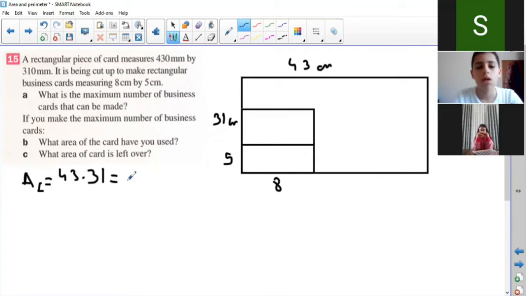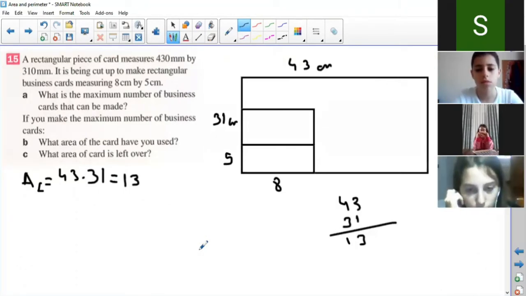Let's do it. 1 times 3 is 3. 1 times 4, 4. 3 times 3 is 9. 3 times 4, 12.